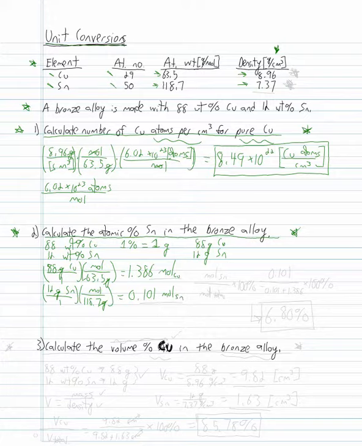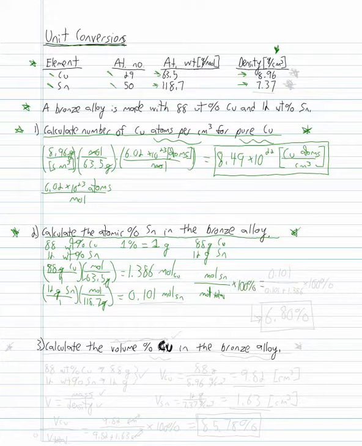Now we want the atomic percent. So we have the two atomic values, but we need to get the percent. So we have our moles of tin, and we're going to want to divide that by the total moles. This is going to give us the atomic percent of tin if we multiply it by 100%.